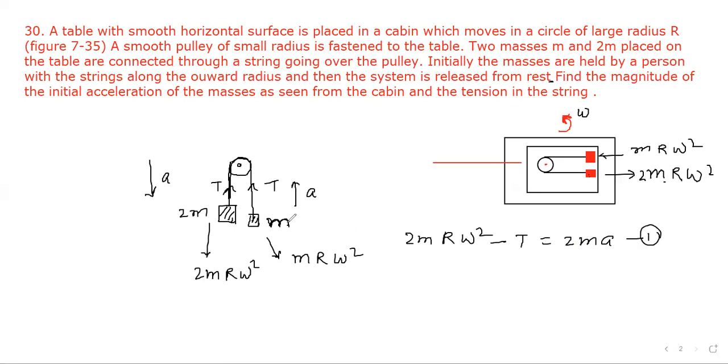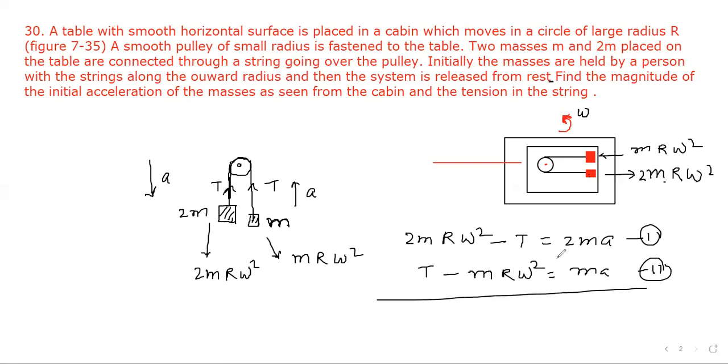And for the object of mass m, since this mass is going upward, tension will be larger, T minus mr omega square must be equal to ma. Now, if we add the two equations, T will cancel out. So we will be left with mr omega square equal to 3ma. M will cancel out. We will get a equal to r omega square upon 3.